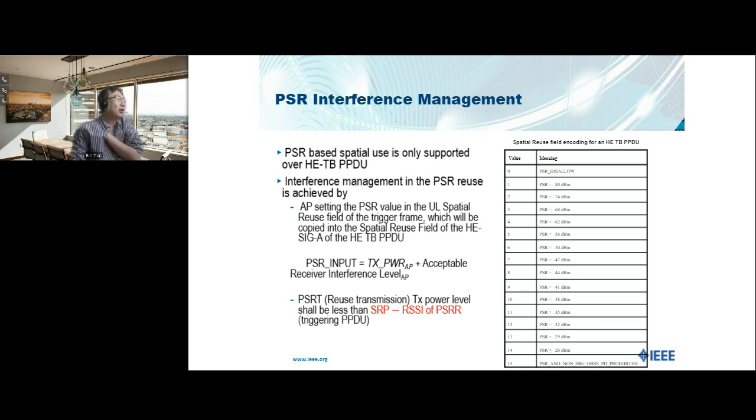I can provide the equation there. If you work out the equation, the station will transmit based on the SRP minus its received SSR of the PSR format, and then it can determine its transmission power.